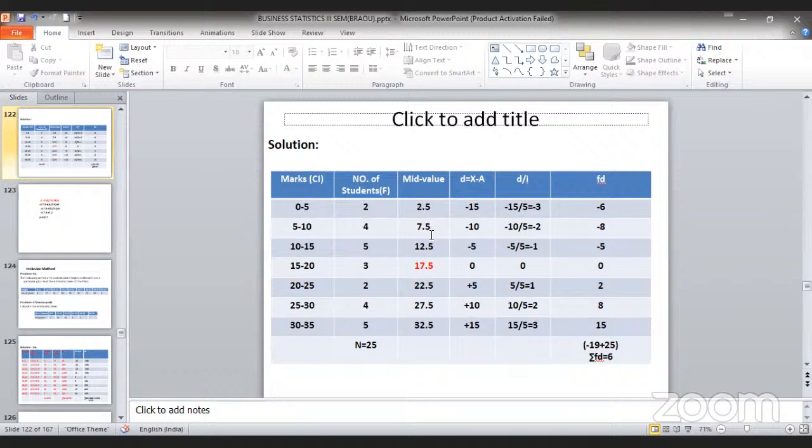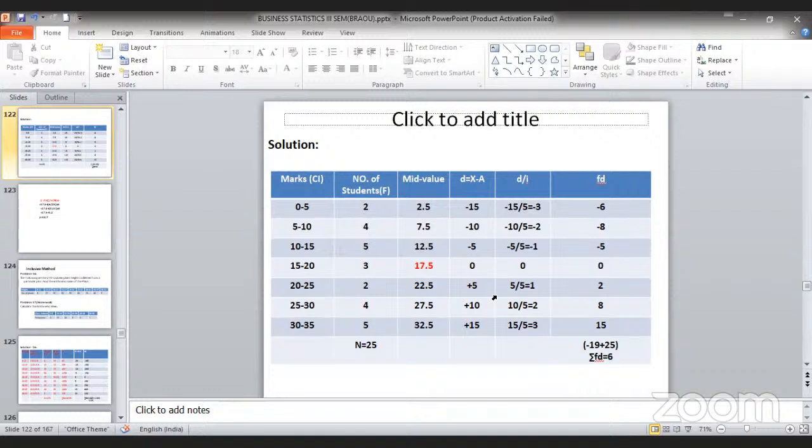Here 2.5 minus 17.5 is minus 15, 7.5 minus 17.5 is minus 10, 12.5 minus 17.5 is minus 5, 17.5 minus 17.5 is 0, and 22.5 minus 17.5 is 5. Like that you subtract and the D values will be calculated.